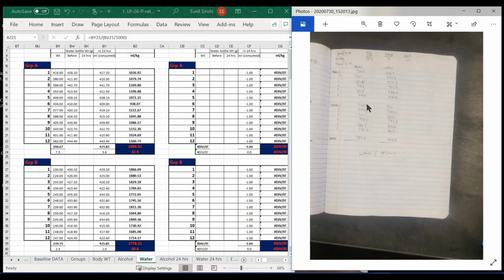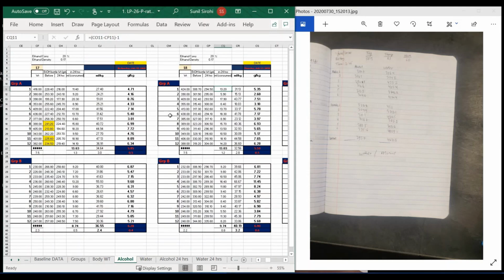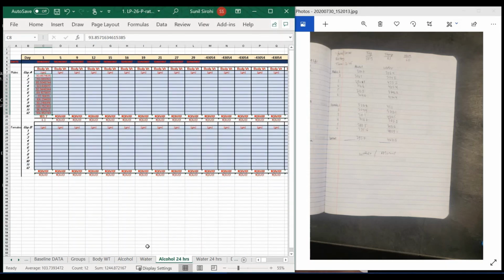There is one column only for each day, and that's it. So for water, you probably would not have any confusion at all, but you still enter the water intake data, and then you copy paste this g per kg in here, and same for females, and same thing goes for water. I hope this helps.